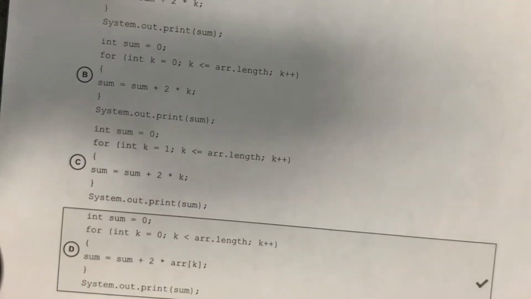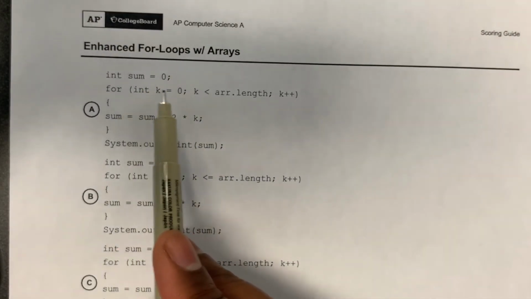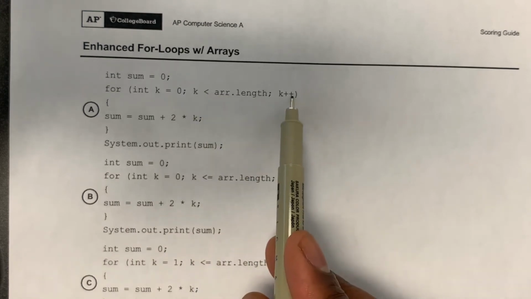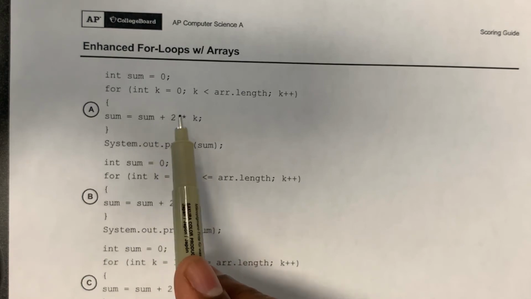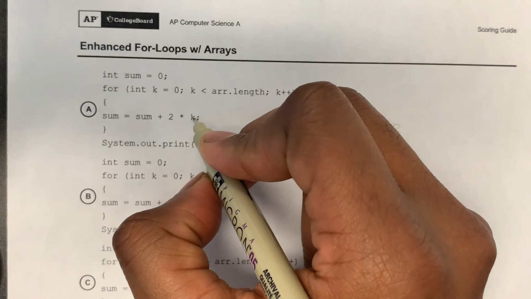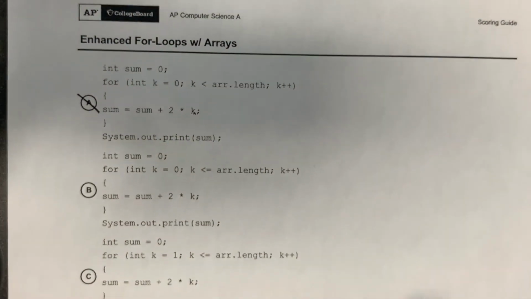So when we look at each of our options, for A, we have a sum that starts at 0, K is going to equal 0, and go to the length of the array, increment by 1. This is going to do sum plus 2 times the index value. So K is an index here, so that doesn't work. We want the actual array value multiplied by 2.